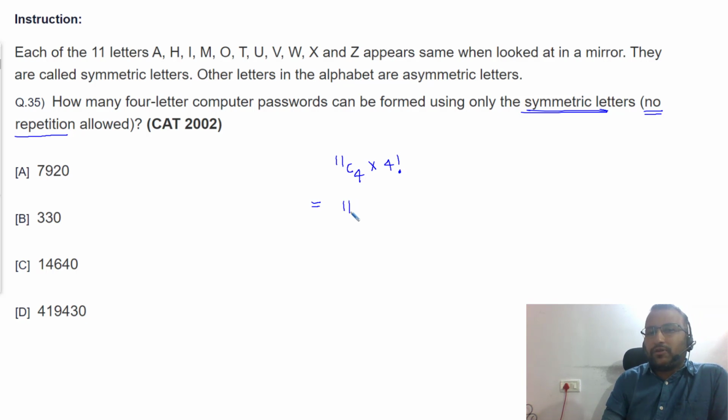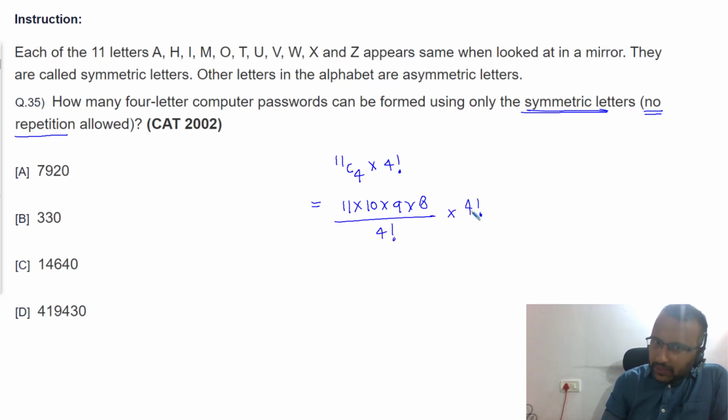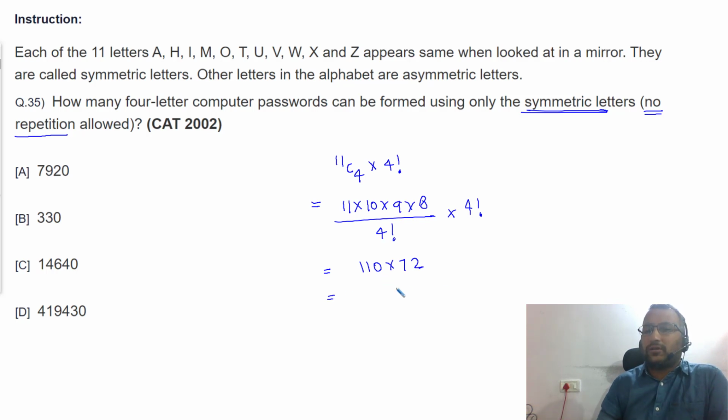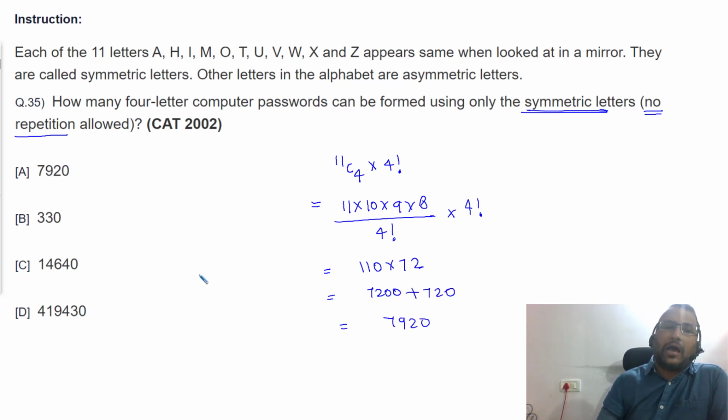This is going to be how much? 11 into 10 into 9 into 8 divided by 4 factorial into 4 factorial. This 4 factorial will get cancelled out, and our answer is 110 into 72. So this multiplication is going to be how much? This multiplication is going to be 7200 plus 720. That is equal to 7920. The answer is option A.